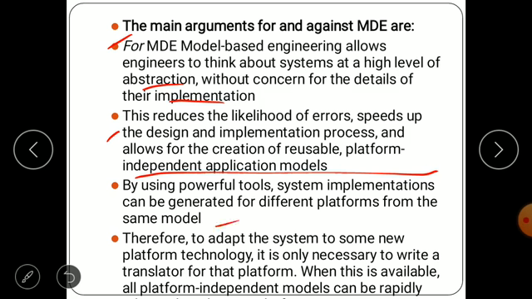Therefore, to adapt the system to some new platform technology, it is only necessary to write a translator for that platform.